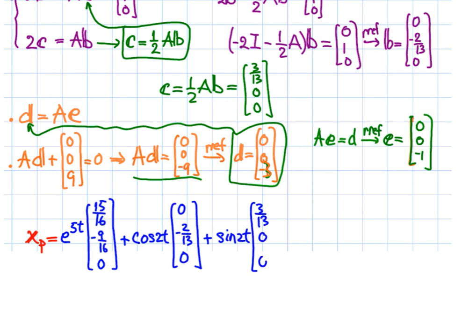That is C. And then t, matrix D is 0, 0, negative 3. And the matrix E is 1 times 0, 0, negative 1.